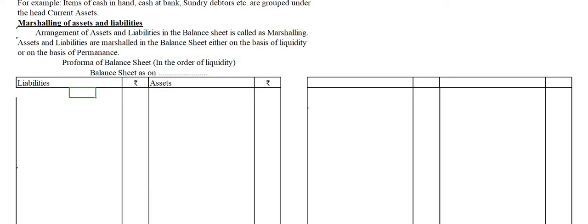So let us write all the assets and liabilities. Here we can start with the asset side. The most important liquid asset is cash in hand.